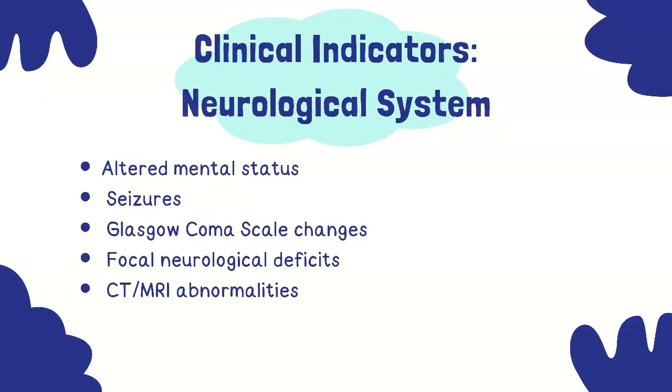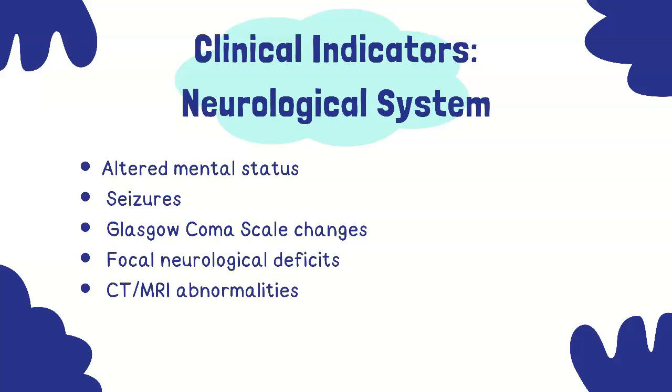All right, on to the nervous system. So, clinical indicators you may see are altered mental status, which ranges from confusion to unresponsiveness, seizures. Seizure activity documented during admission or witnessed by staff can indicate a neurological condition.